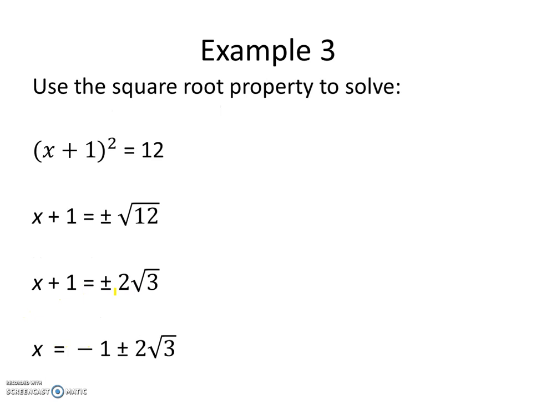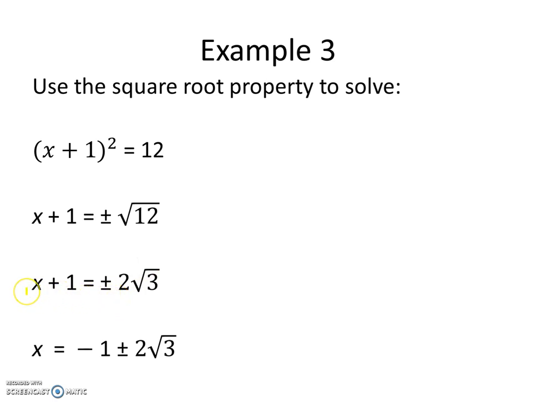On example 3, we're still using the square root property. And we're given the equation, the quantity x plus 1 squared equals 12. Taking the square root of both sides, we get x plus 1 equals plus or minus the square root of 12. 12 breaks down to 4 times 3, and since 4 is a perfect square, we can take 2 out.